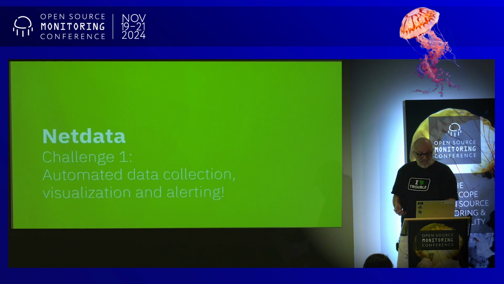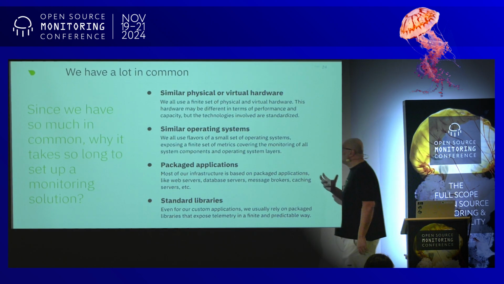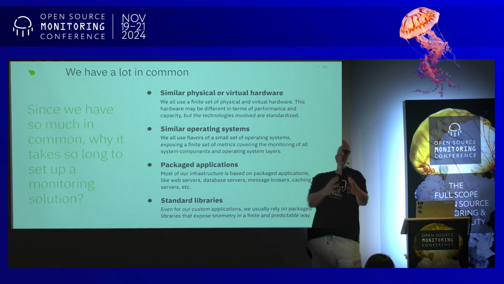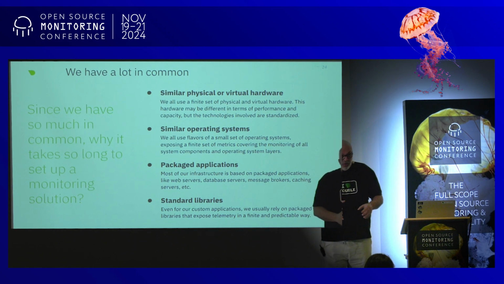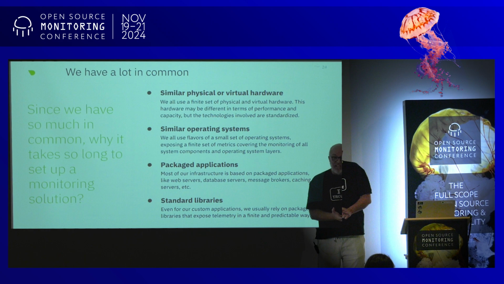The first is, come on, we all have the same physical or virtual hardware. You may say, my infrastructure is different than yours. It is. But if you look closer, we use the same operating systems, or similar. The same application servers. It's a database, it's a Postgres, my Postgres, your Postgres.